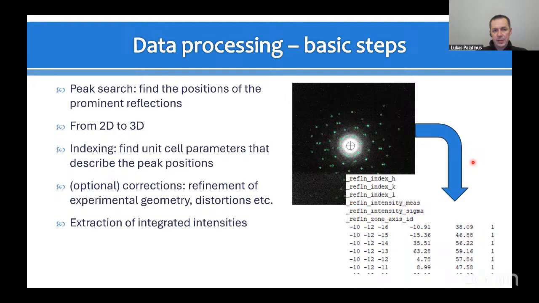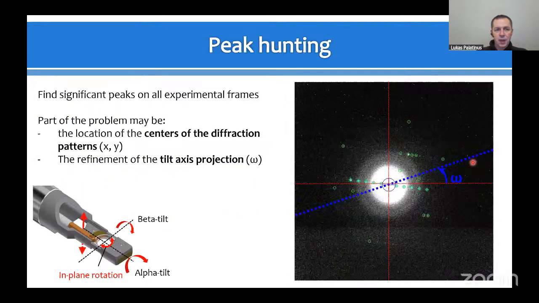So step by step, peak hunting. When you get the diffraction pattern, it contains a number of reflections, and the task of peak hunting is to find the positions of the strongest reflections on the patterns. In 3D ED, part of the problem is that the center of the diffraction pattern may not be stable.